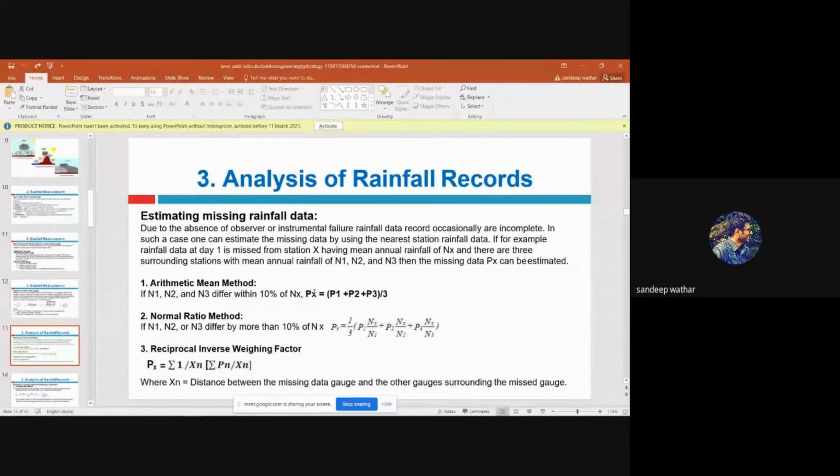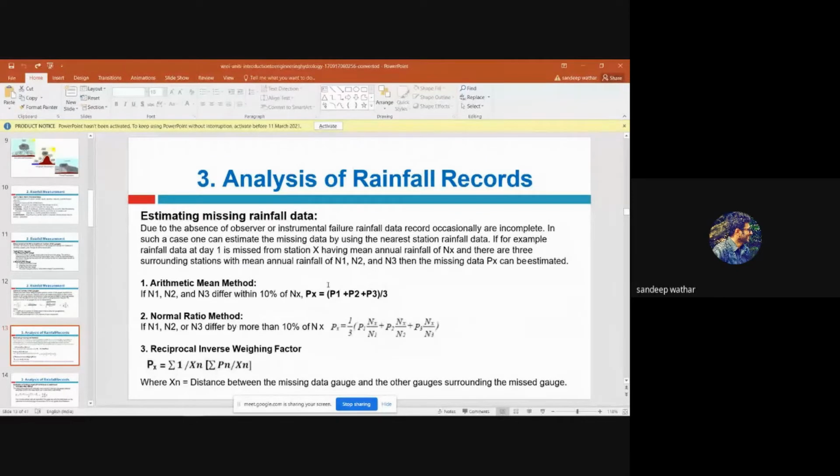What you need to do is get the rainfall records of nearby rain gauge stations. For example, there are 3 rain gauge stations nearby in this given problem, P1, P2, P3, and you need the data of that particular month.